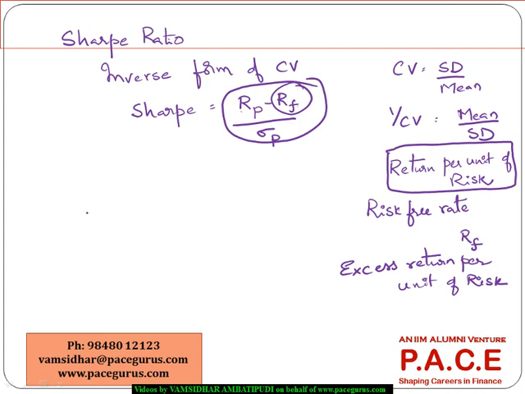And typically what we see is this Sharpe ratio is one of the key tools in the portfolio's performance evaluation. Of course, we'll talk about a few other tools later, but in portfolio performance evaluation, I see that the Sharpe ratio is one of the powerful measures because it looks at, if I am taking one additional unit of risk, what kind of return am I able to generate.